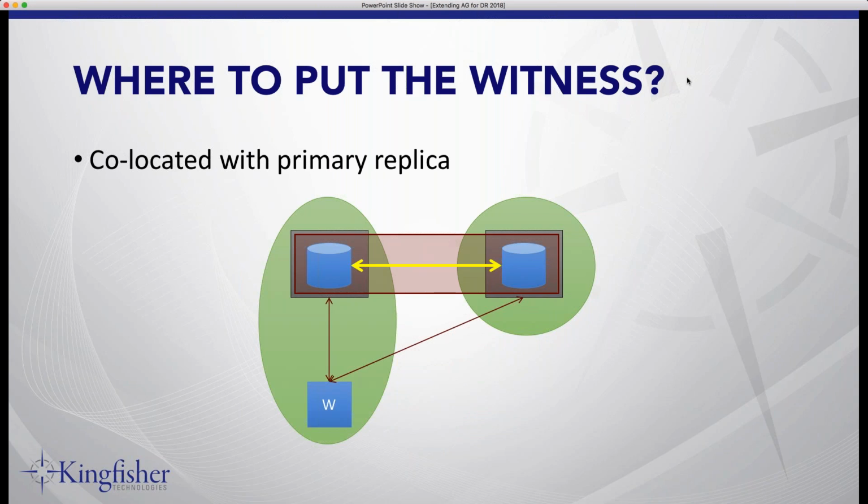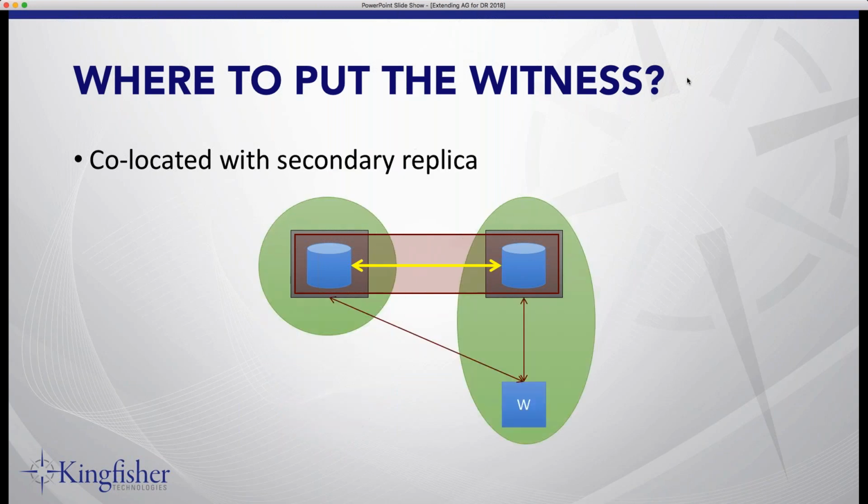You can co-locate it with the primary replica, but then if that data center goes down, it won't automatically fail over to the DR data center because it doesn't have enough votes.